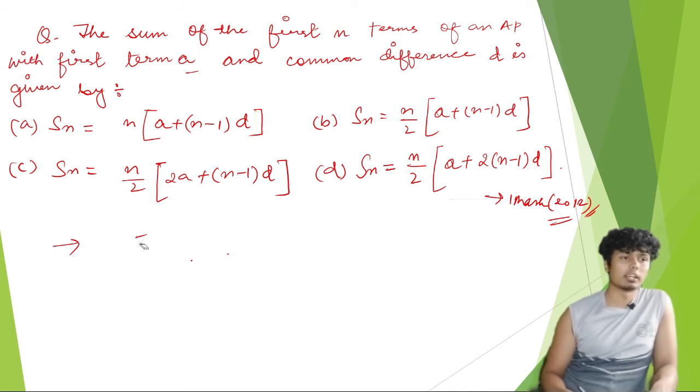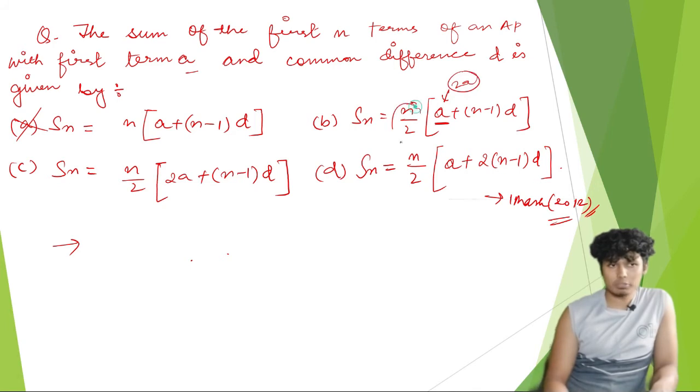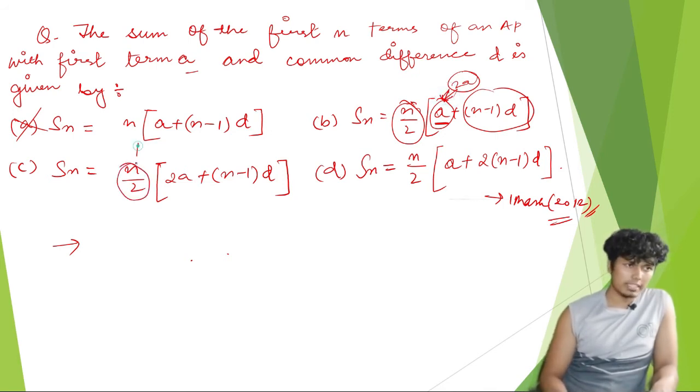Is it this one? No. Is it this one, n divided by 2? So far this is correct. n divided by (a plus n minus 1)... here it is wrong. In the formula we have 2a here. This one is correct, but this one is not correct, so we have to write 2a here. Let's take this one: n divided by 2, correct so far; 2a, correct; (n minus 1) d, correct.